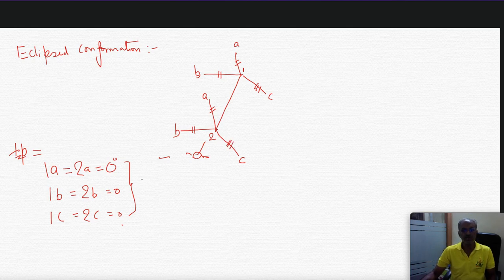Right? So this is known as eclipsed. Similarly, I can say 1A is again parallel to 2A.